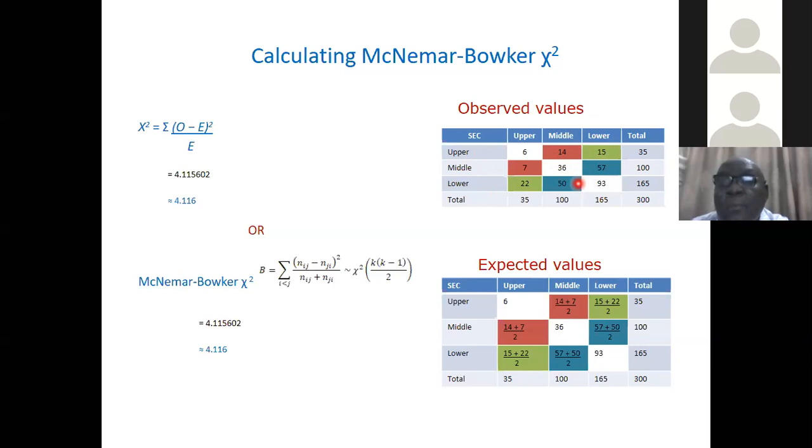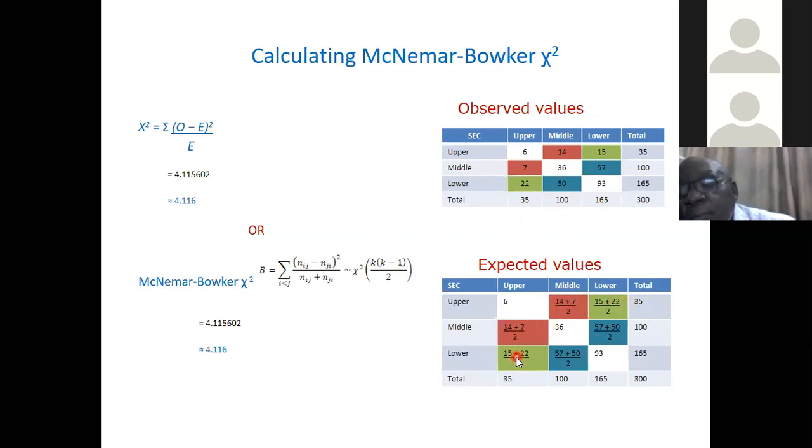And for those 3 pairs, how do you calculate the expected? That's what I did here. Very simple, the same thing. If the null hypothesis is true, the people that move from upper to middle and middle to upper should be the same. That is, you add them together and divide by 2. So each of them is half of the sum.